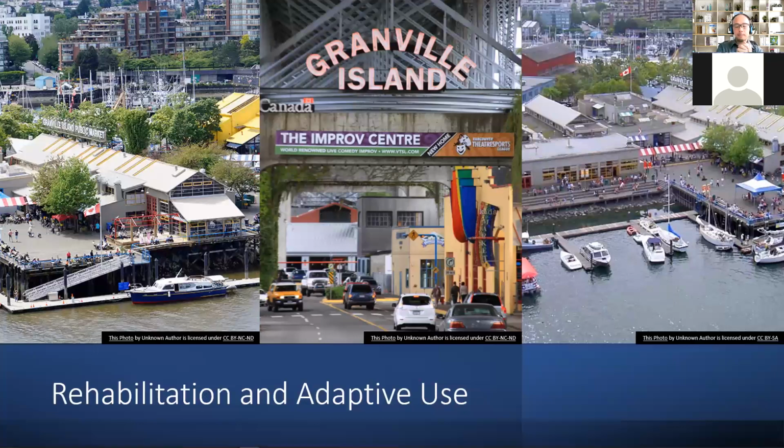The third strategy is rehabilitation and adaptive use or adaptive reuse, and this strategy is the most commonly used historic preservation strategy.